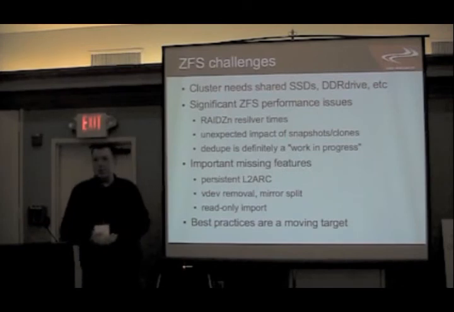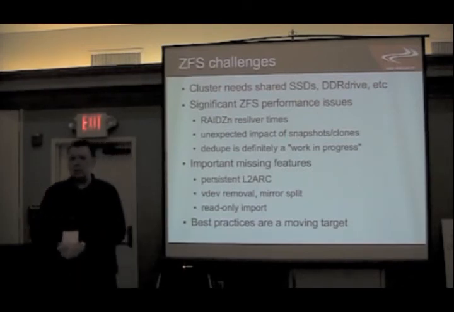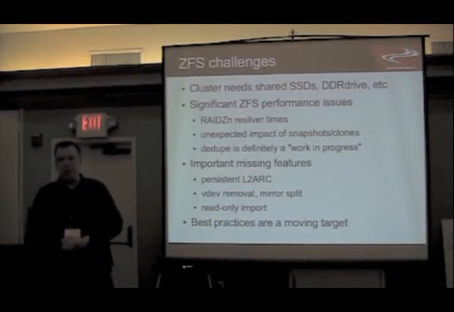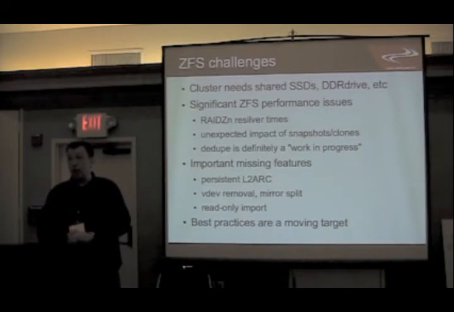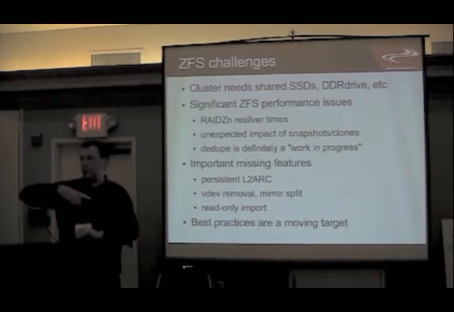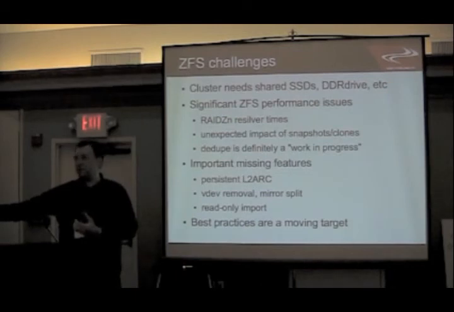What I would like also is read-only support and some form of immutable, or at least temporarily immutable, snapshots, so that I could mount and import a pool into a second machine as read-only, truly read-only. I think if we could mark a snapshot as immutable in some way, at least for the duration of this import, that would be really cool, because I could then back up a snapshot on another node, knowing that the primary node, the one that's got it read-write, is not going to modify or delete that snapshot.